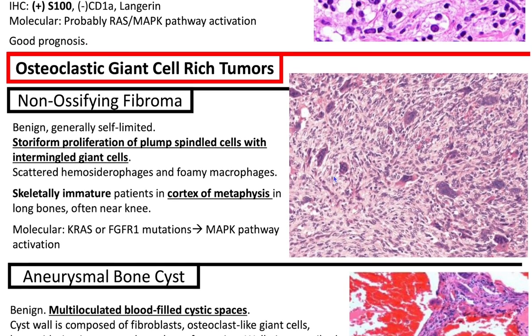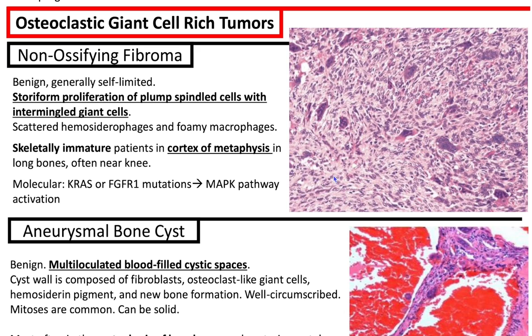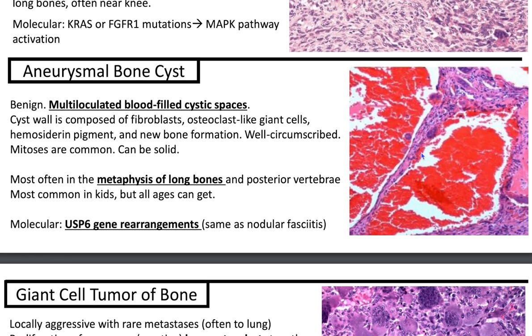And then osteoclastic giant cell rich tumor differentials. Think about your non-ossifying fibromas. You have the storiform proliferation of plump spindle cells with intermingled giant cells, KRAS or FGFR1 mutations. ABCs or aneurysmal bone cysts, multiloculated blood-filled cysts, often in the metaphysis of long bones, most common in kids. You shouldn't see any atypia.